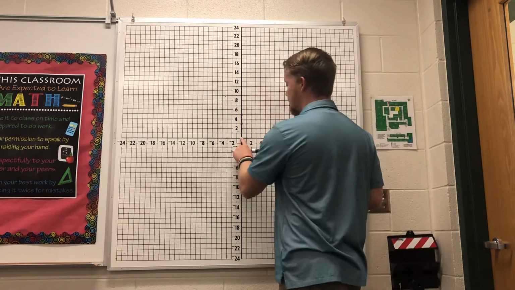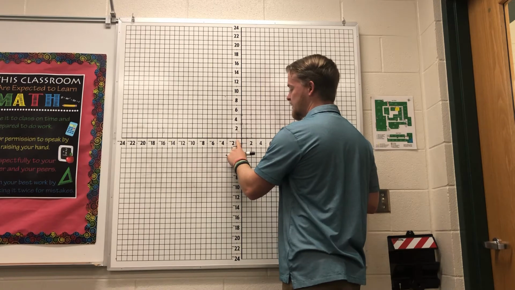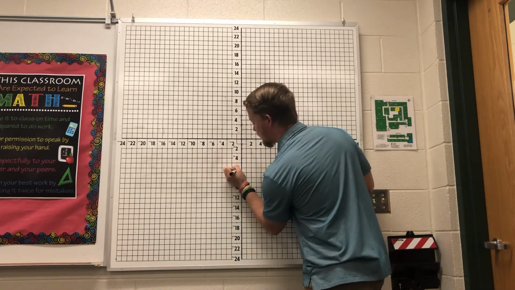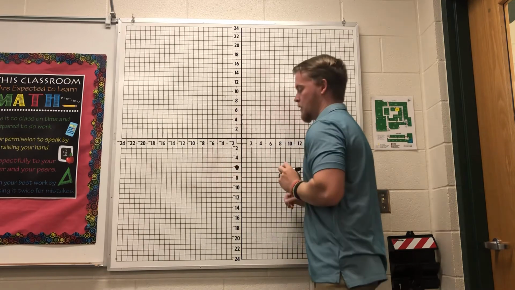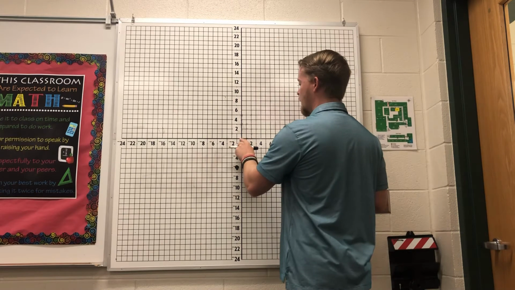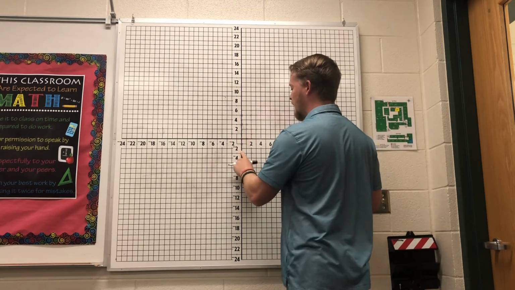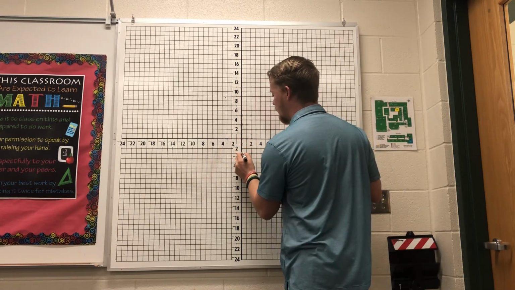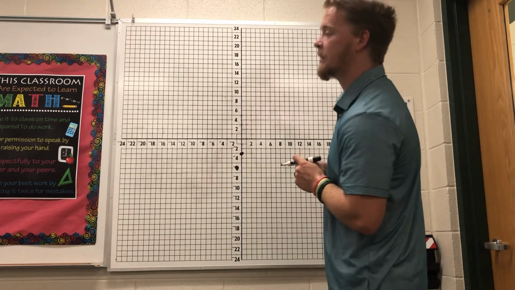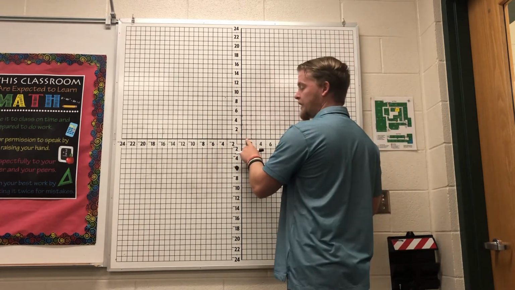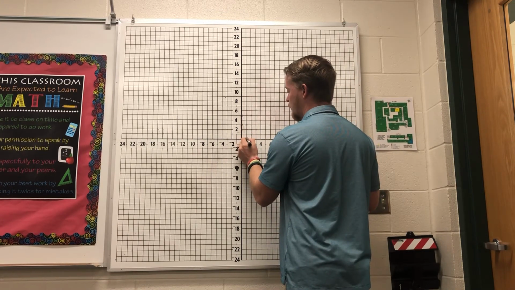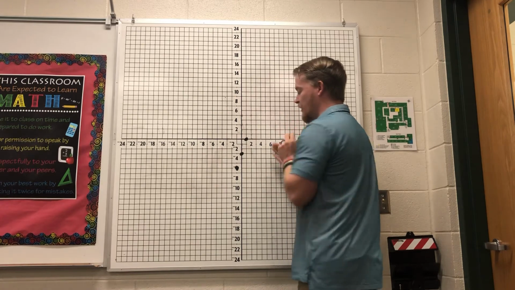So -1 means I go to -1 on the x-axis, down to -6 on the y-axis. My first point would be right there. Next point is 0, -3. So 0 means I don't move left or right. -3 means I go down to -3 on the y-axis. And then 1, 0, I go over to 1 on the x, don't move up or down because 0 is my y value. And there's my 3 points.